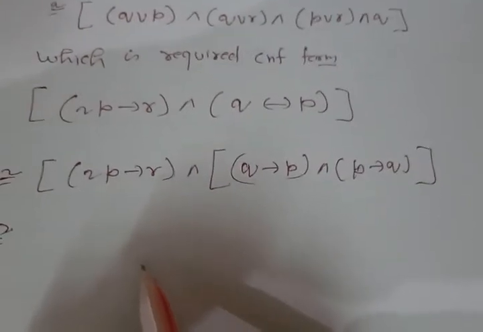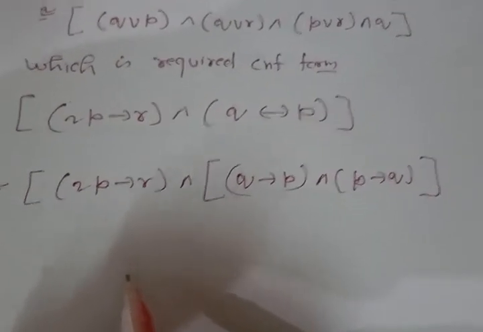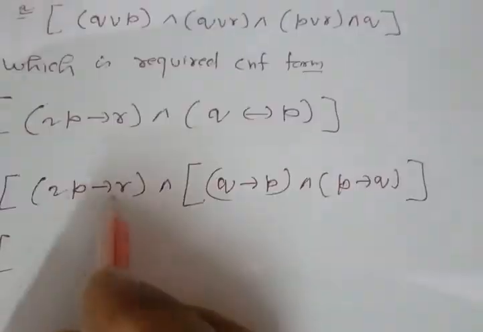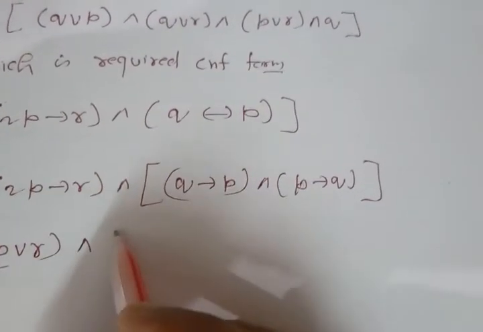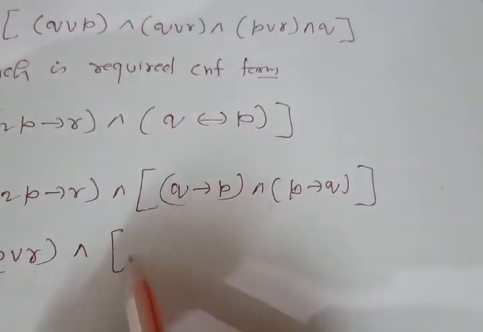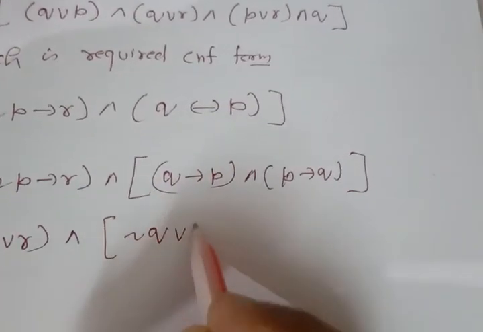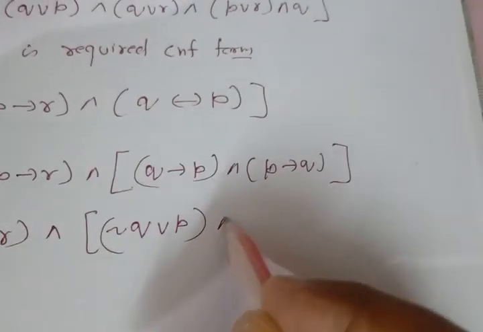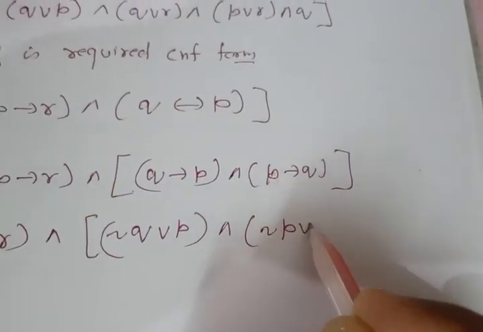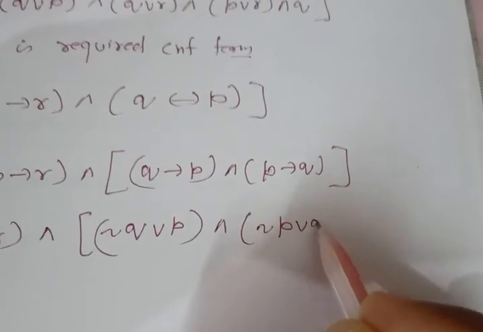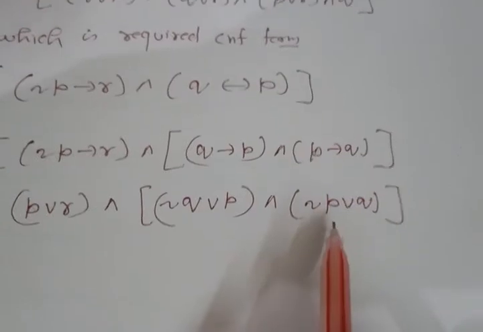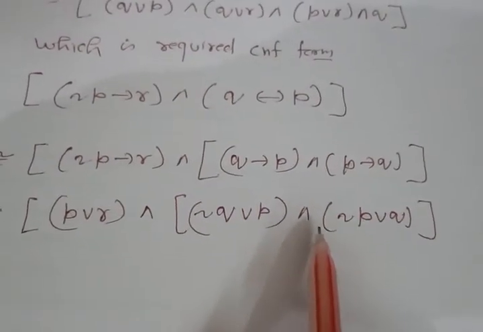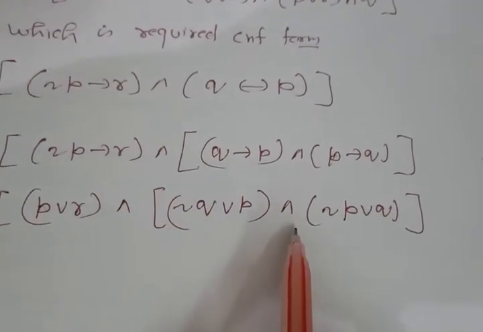Now in the next step we will simplify all the conditional statements. So this will be simplified to P or R, conjunction. This can be simplified to negation of Q or P, conjunction, and this can be simplified to P or negation of P or Q. Again we can see that all the compound statements are attached to each other by the notation conjunction.